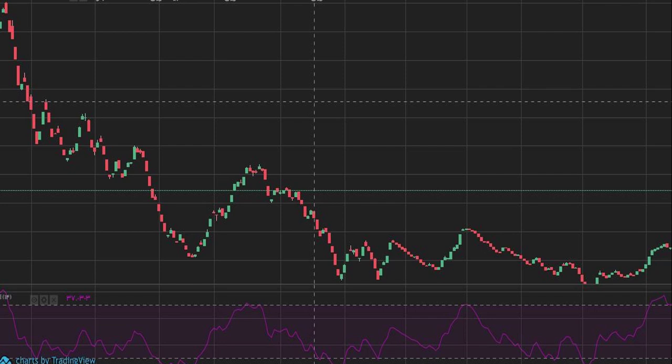Let's see when we have another signal. Here we have a bullish signal, but it is not valid. Here we have an invalid bullish signal.